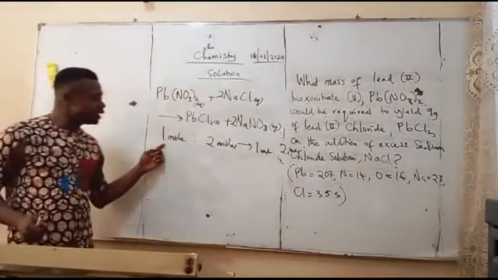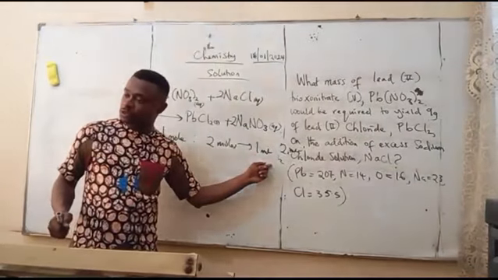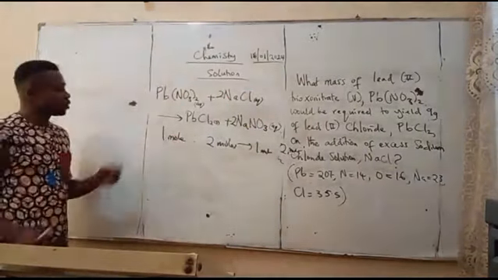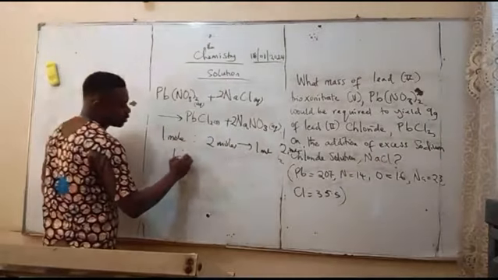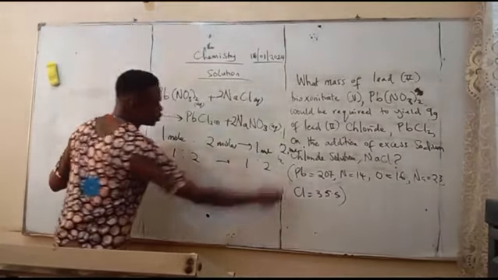So we have 1 is to 2 as 1 is to 2. So the mole ratio is 1, 2 up here, then 1 and 2.